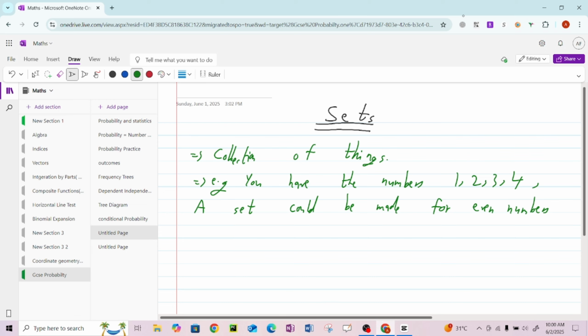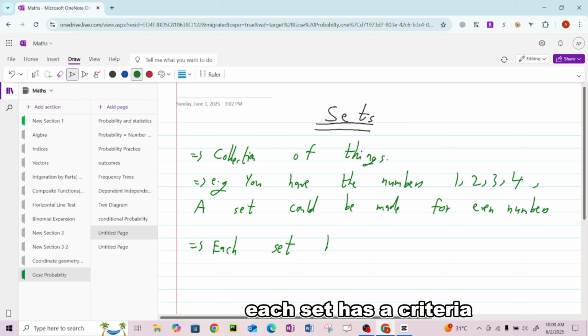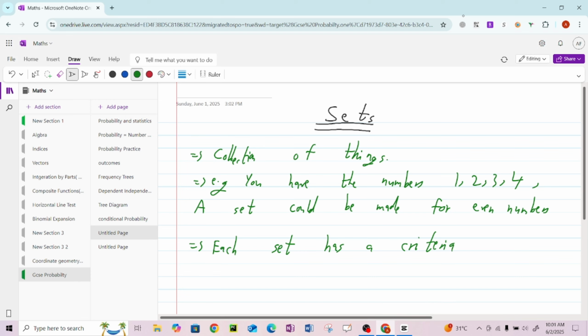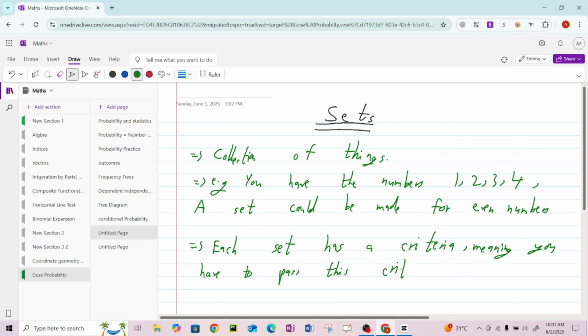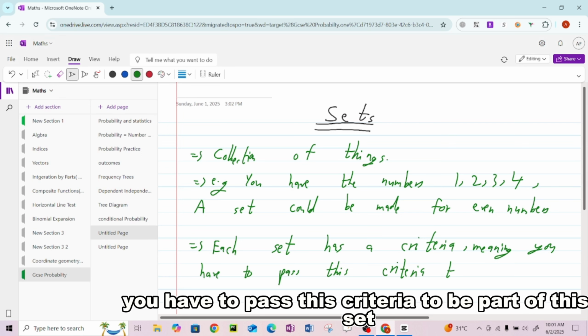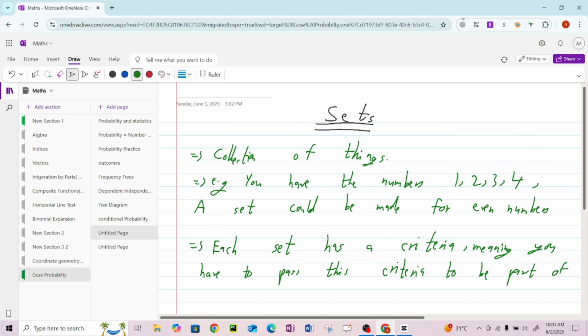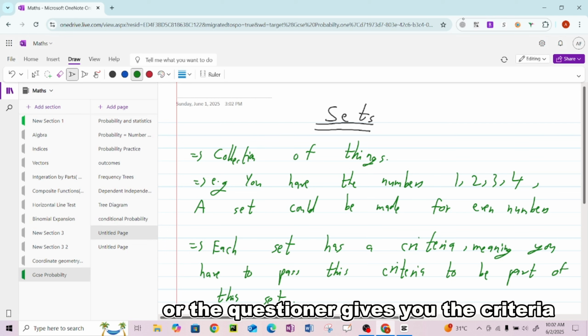Okay, for example, each set has a criteria, meaning you have to pass this criteria to be part of this set, and the criteria you decide, or the questionnaire gives you the criteria.